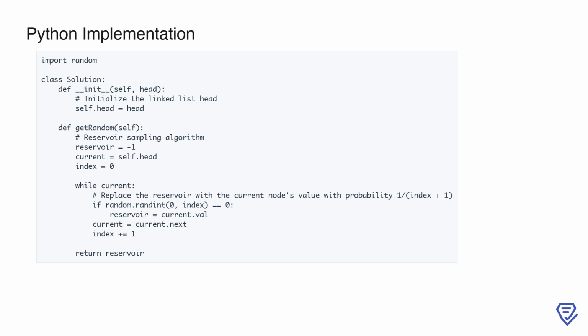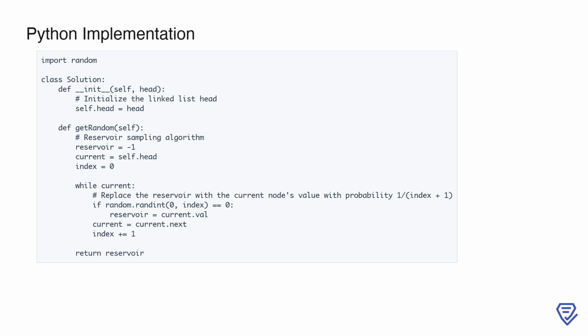The algorithm iterates through the linked list using a while loop until the end of the list is reached, that is, current becomes None. For each node, we decide whether to replace the value in reservoir with the current node's value based on a random decision. Specifically, we generate a random integer between 0 and index, inclusive. If the result is 0, the reservoir is replaced with the current node's value.